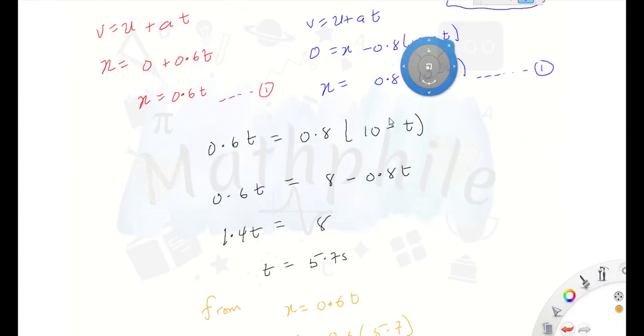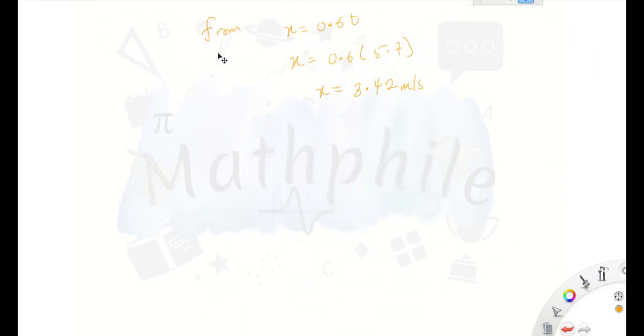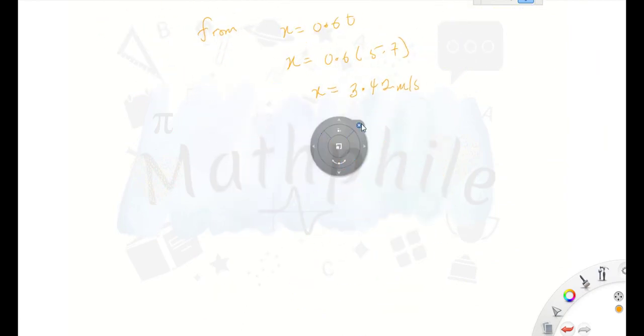Do you remember the values? Okay, you've copied them down. So the SUVAT is for the first part. The final velocity of this one was 3.42. The initial velocity of this one was 0.